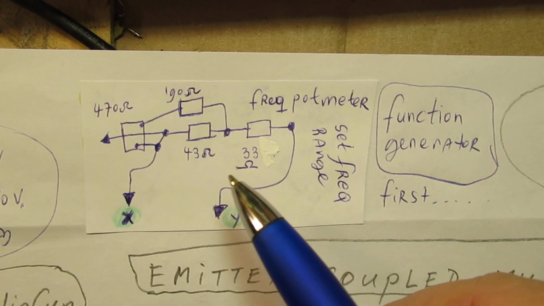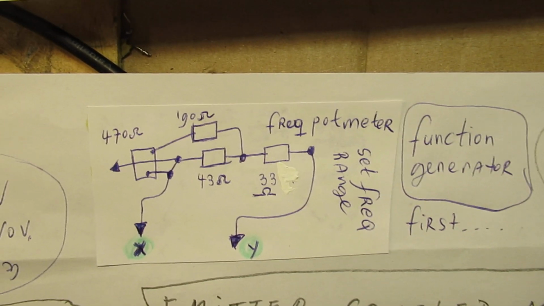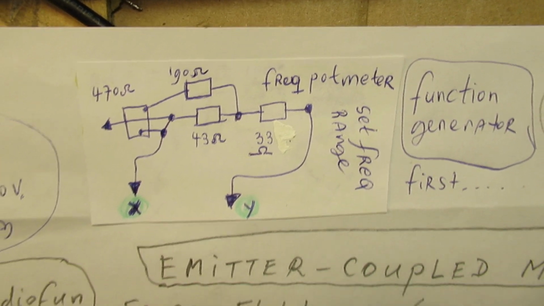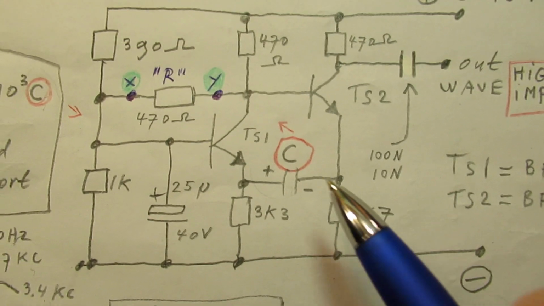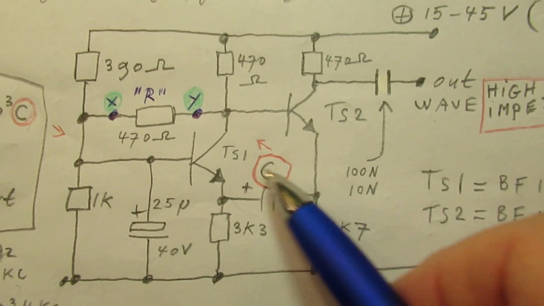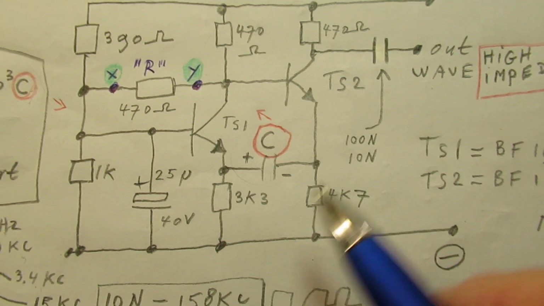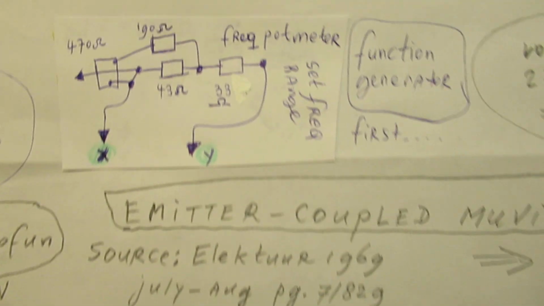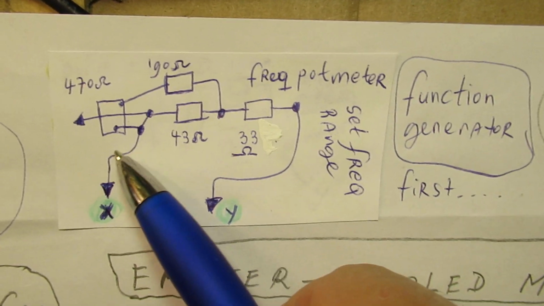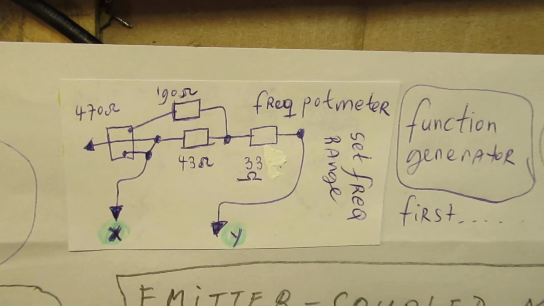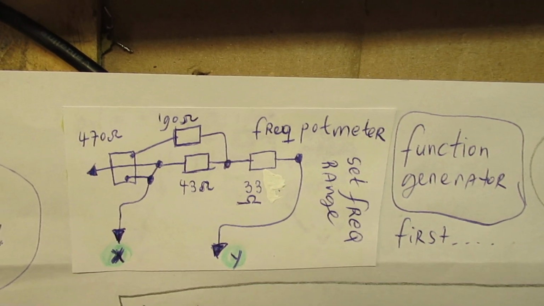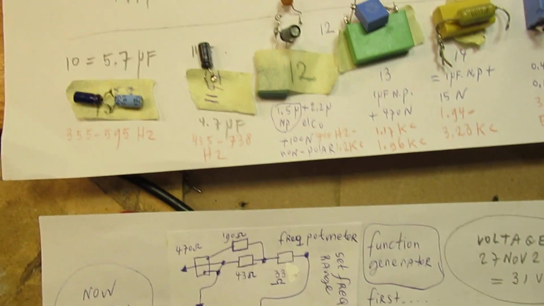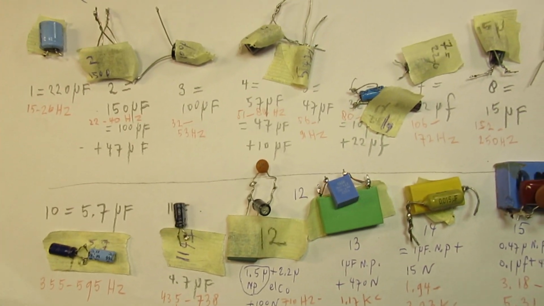Now you can change the frequencies of all the capacitors CX, and that is this capacitor. So when you switch in different capacitor values, and you turn that potentiometer here, a 470 ohm potentiometer, you can surely see that the frequency changes.